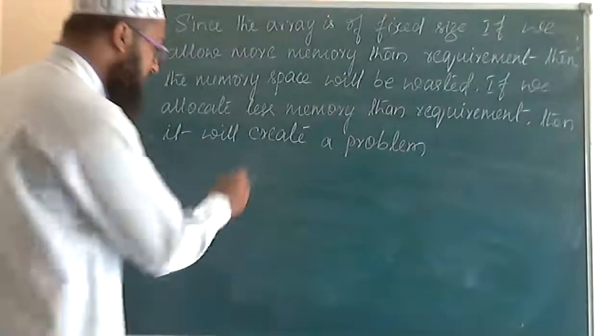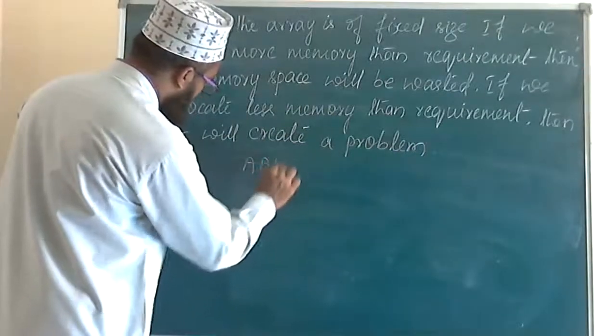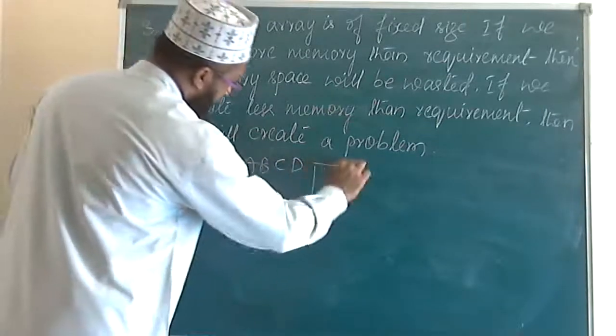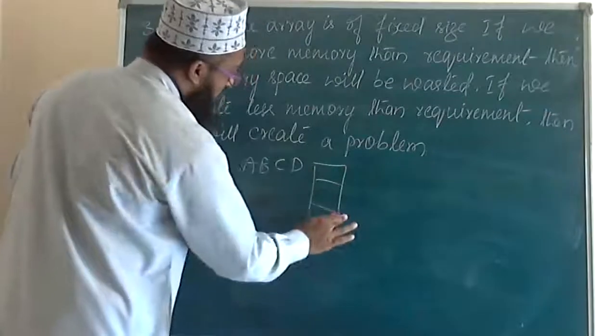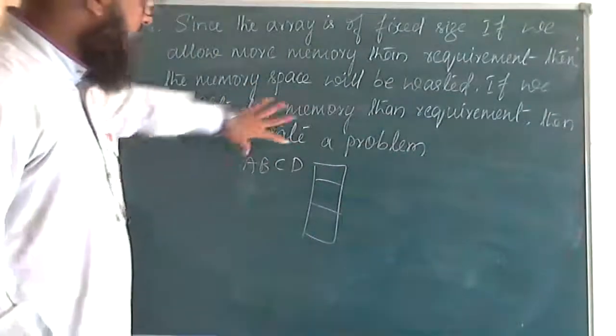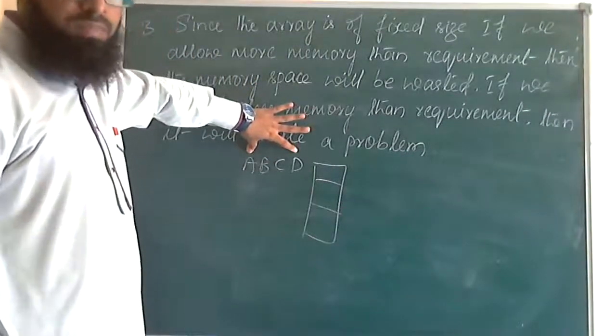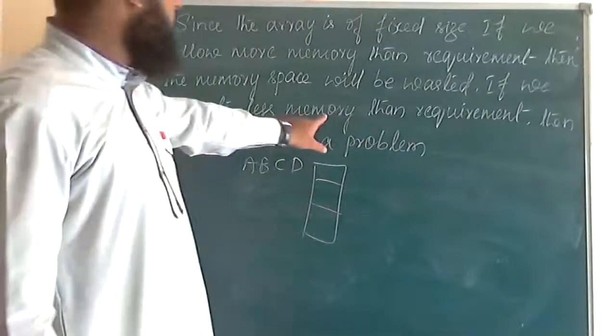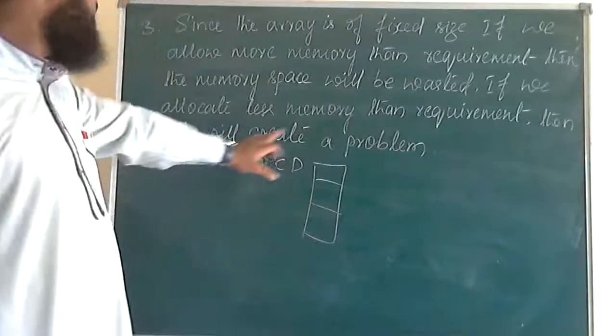Okay, for example, we have to add 3 elements. If we create the array of only 3 elements, and we want to add 4 elements, but we have created an array of three elements, less memory than requirement, then it will create a problem.